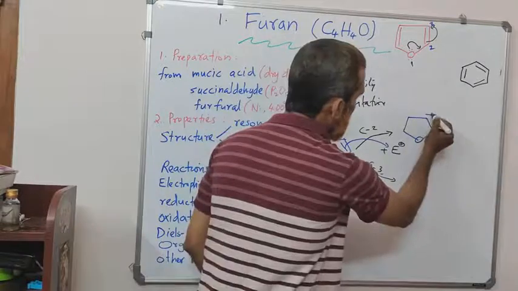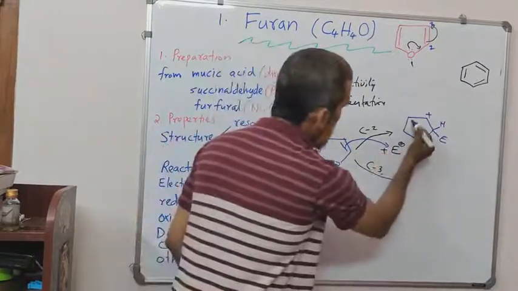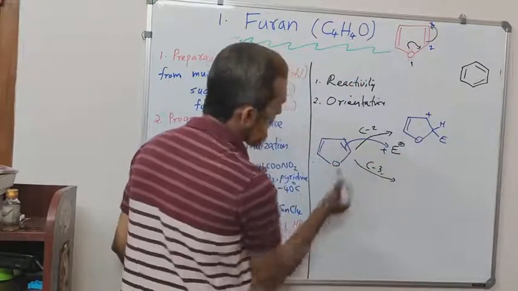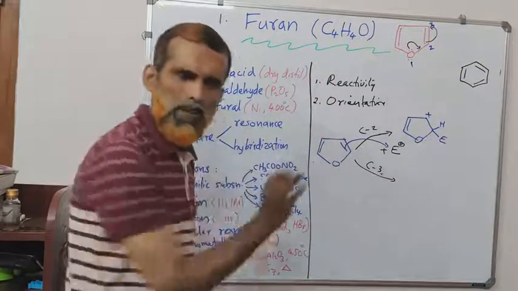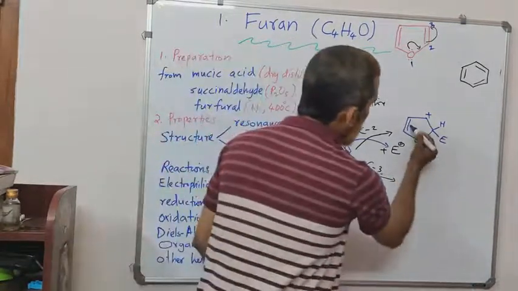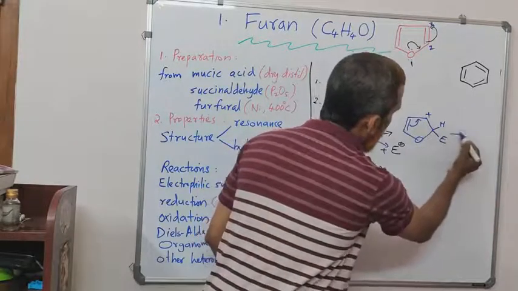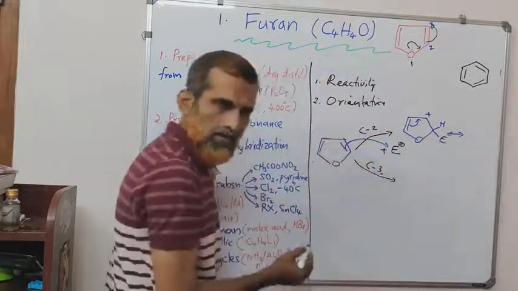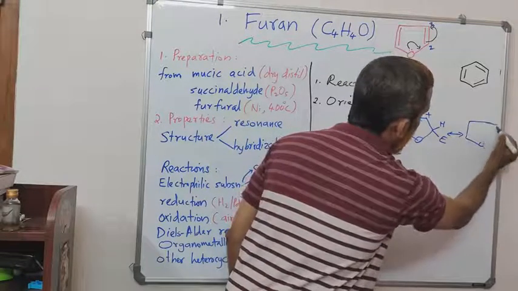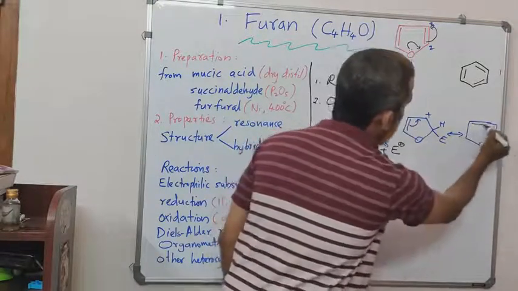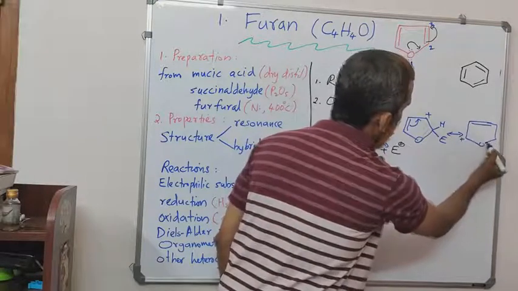So what happens here? There will be a positive charge, because this electron is lost by this carbon for the time being. Okay, and avoiding lone pairs now. Now this will be shifting. So this is the intermediate, which is resonance stabilized. Okay, so it becomes a double bond here plus here.